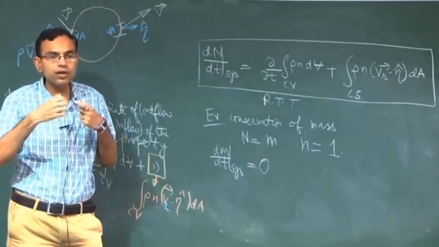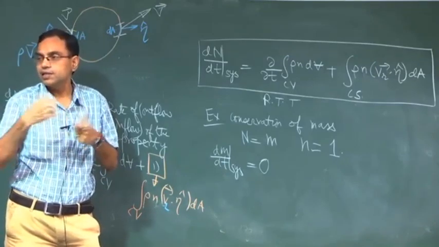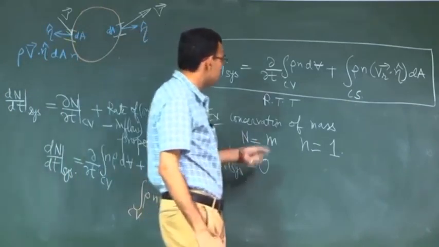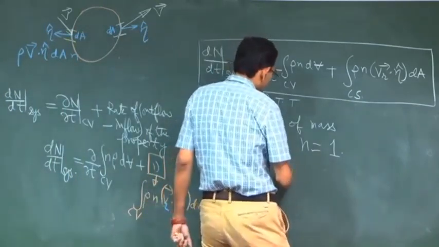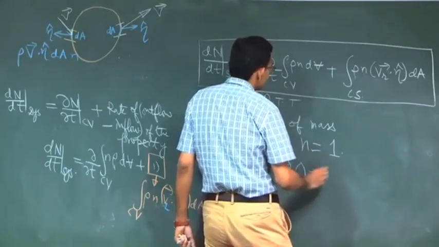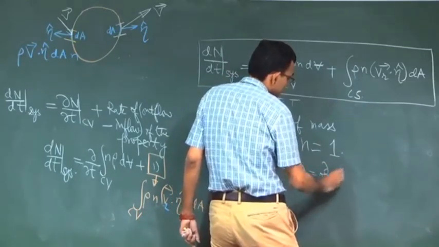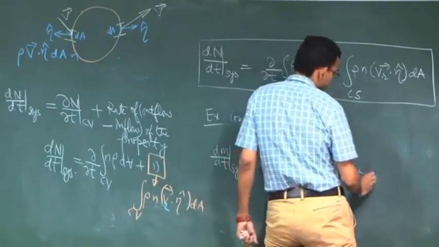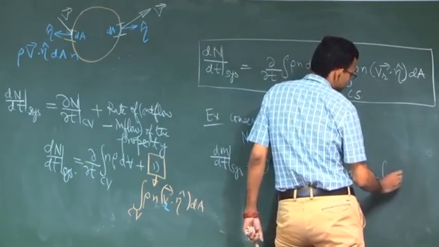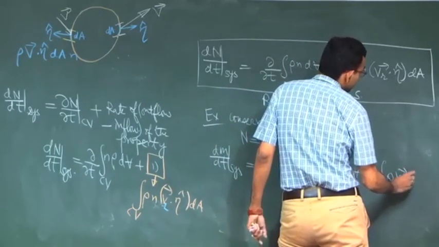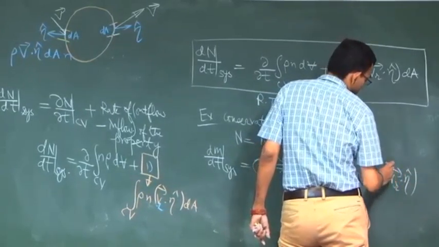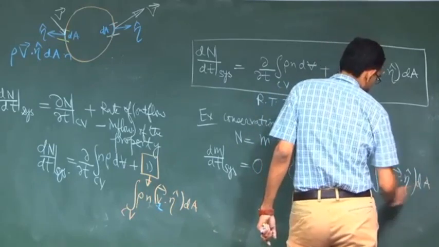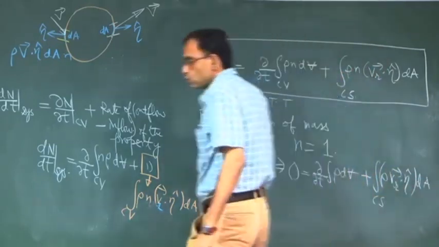Unless we are looking at relativistic situations where there is an interconversion of mass and energy, that is not what we are considering here. So, we have this equal to 0. Therefore, we are left with the following to proceed further.